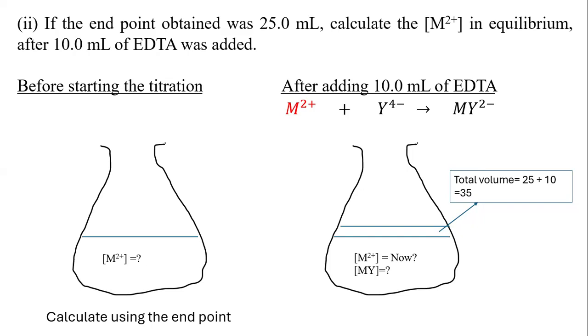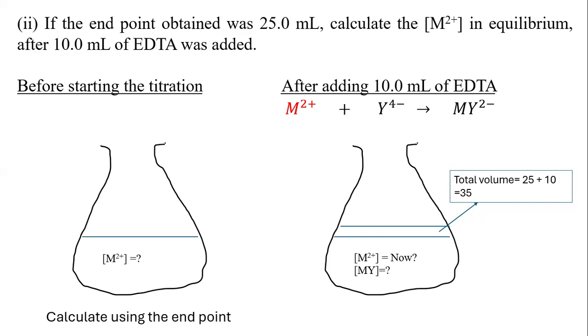Please write down the equilibrium. I have already started writing the equation: M2+, Y4-, and MY2-. So that's in equilibrium.